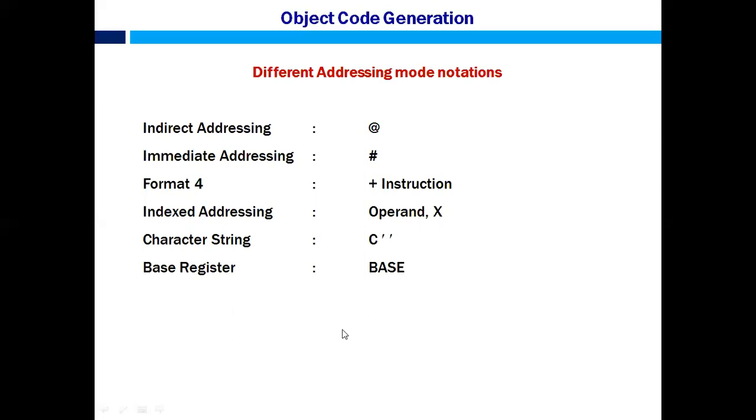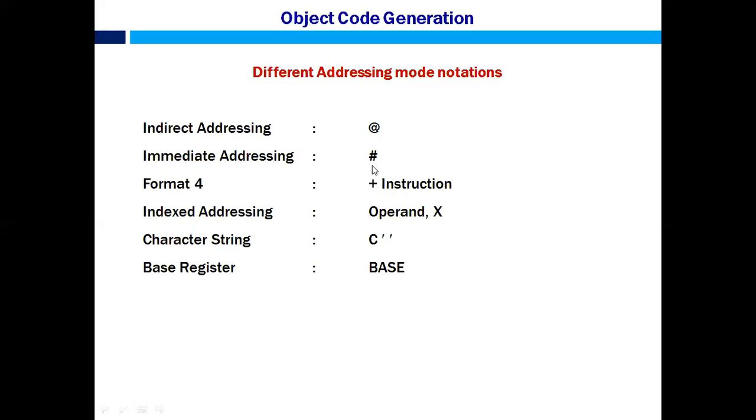So these are some of the notations we have. First one is indirect addressing. How do we recognize that it is indirect addressing? You have the instruction followed by the at symbol, then we understand that it is indirect addressing. Then immediate addressing. How do we know that it is immediate addressing?